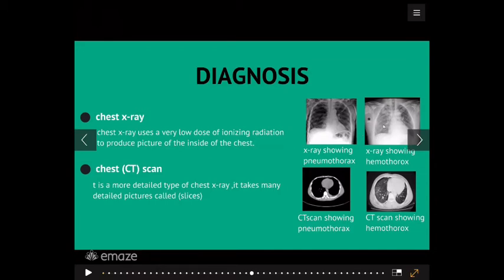Hemothorax is when blood enters the chest and the lungs fill with blood, and pneumothorax is when air enters. In some cases blood and air occur together, which is called hemopneumothorax.